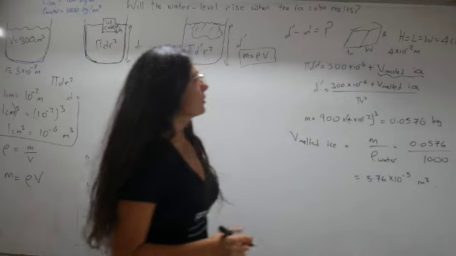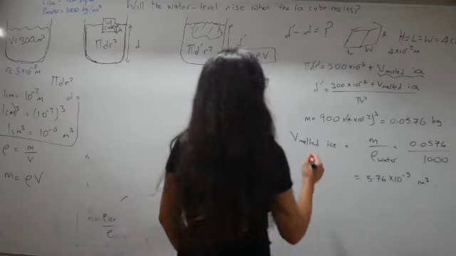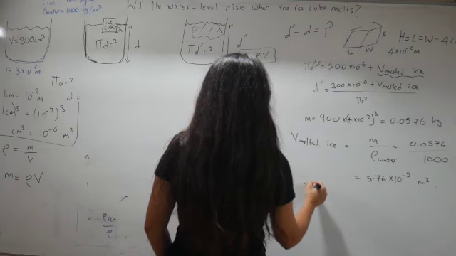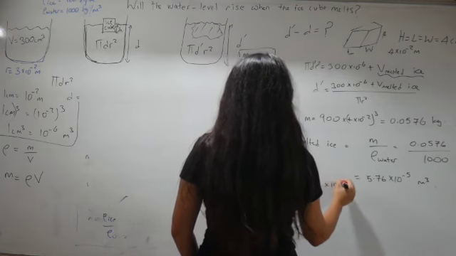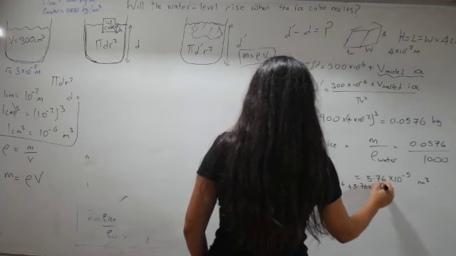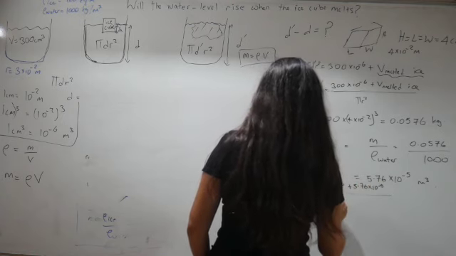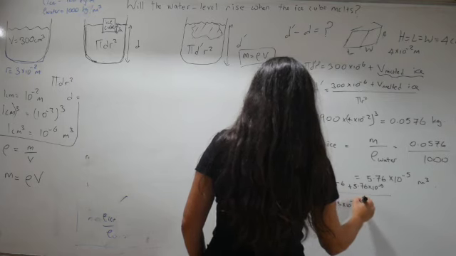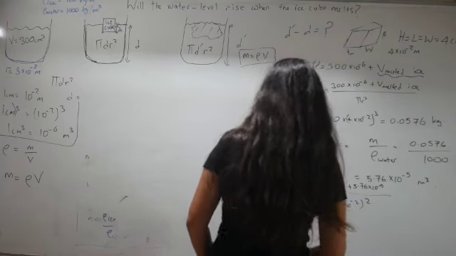Okay, so now we can calculate d dash. So that is going to be 300 times 10 to the minus 6 plus 5.76 times 10 to the minus 5, all divided by pi r squared, which is pi times (10 to the minus 2) squared.